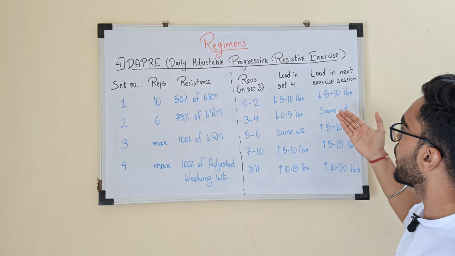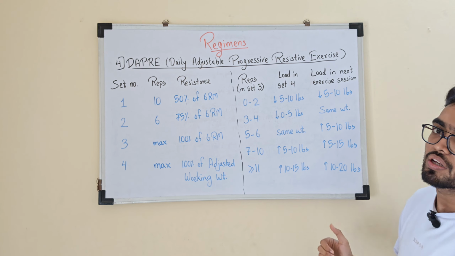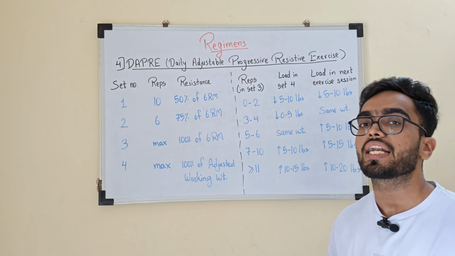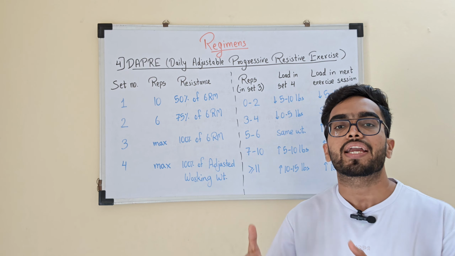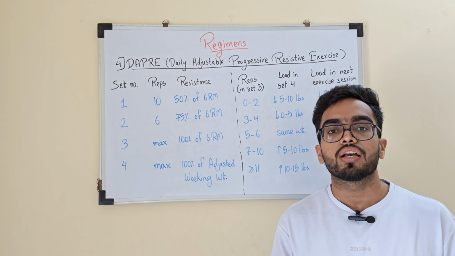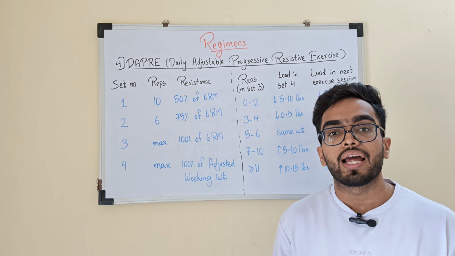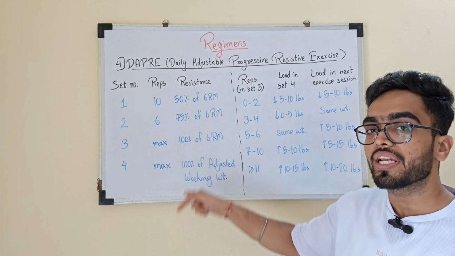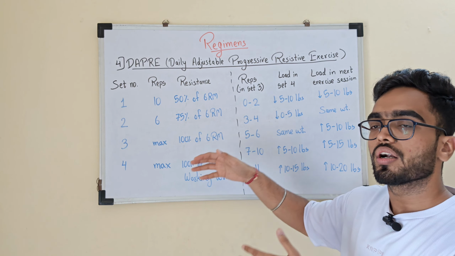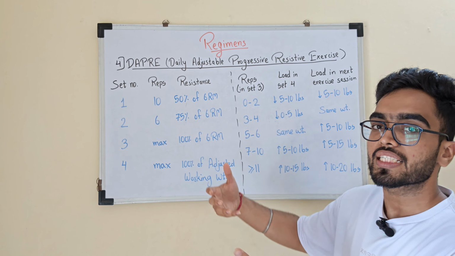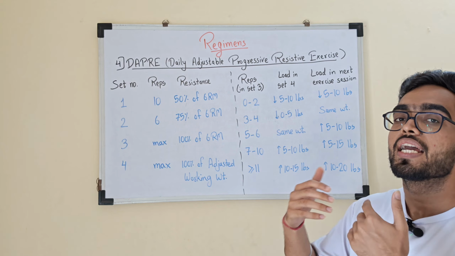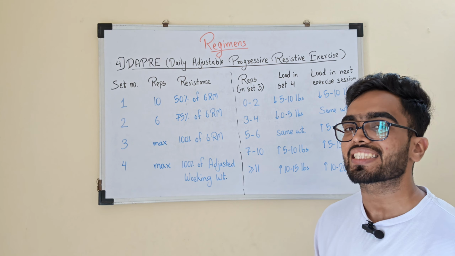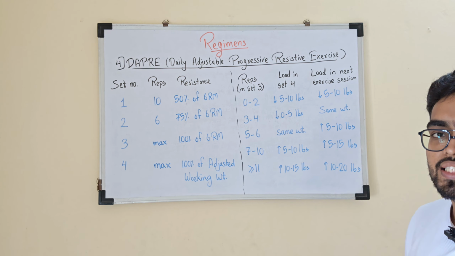And in the next exercise we will keep the weight the same, because after the rest and the micro trauma caused in this session, the person's muscle will grow and he should be able to do those 6 reps in the next exercise with the same weight. So he will perform better. Assuming that he will perform better in the next exercise session, we keep the weight the same.